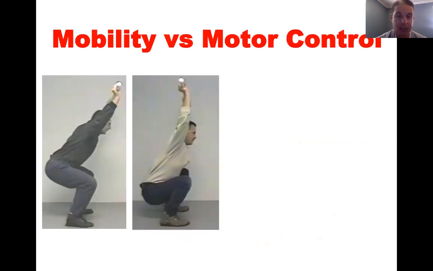But we can often make the misperception that these mobility problems are pure mobility issues when they may actually just be a motor control issue. Let's look at a few people squatting. If we have these 2 individuals squatting next to each other, we automatically draw our eyes to the person on the left and assume that this person is tight and that they need stretching and mobility work.